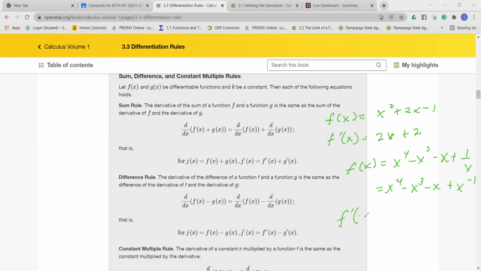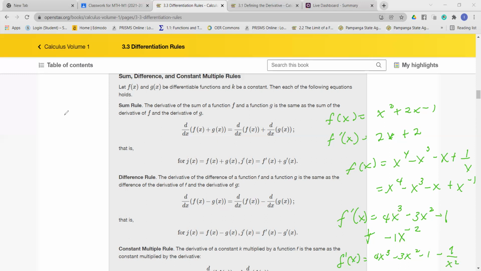Hence, ang f prime of x ko will just be 4x cubed minus 3x squared minus 1 plus the derivative of this one, again by power rule, magiging plus negative 1 x raised to negative 1 minus 1, negative 2. Finally, your f prime of x will just be equal to 4x cubed minus 3x squared minus 1 minus x raised to negative 2, or we can write that as 1 over x squared.